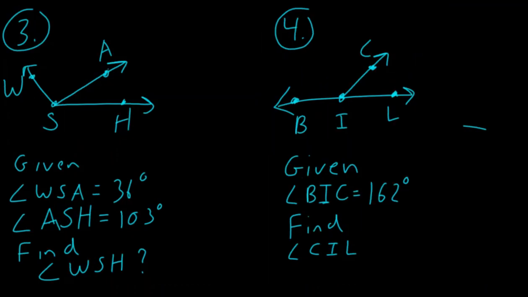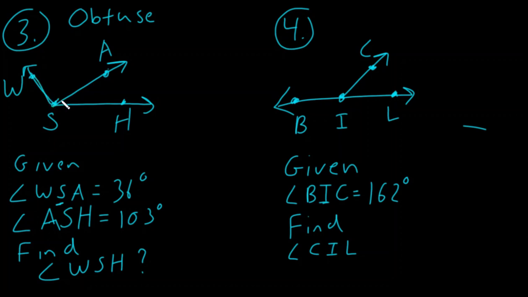Okay, so here's our third case, and you'll notice that this angle is actually another special case. We had an acute angle, we had a right angle, and this is greater than 90 degrees. Remember, we call this obtuse. Now when I look at this, I'm given the angle WSA, and remember S is our vertex, the middle letter.